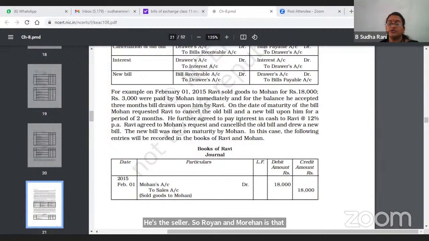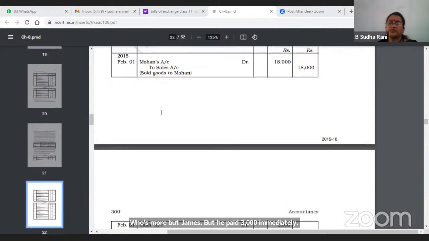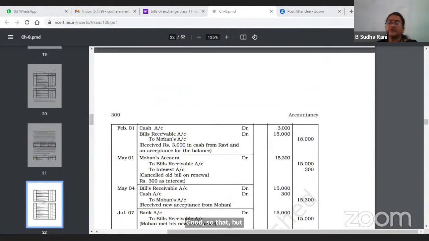Okay. So Ravi sold goods to Mohan for 18,000. And what is the next sentence? 3,000 was paid by Mohan immediately. So Mohan purchased goods of 18,000, but he paid 3,000 immediately. For that cash paid, Ravi is receiving.